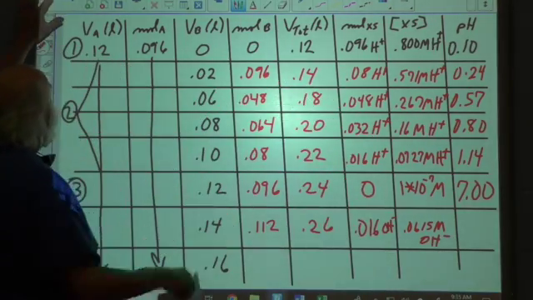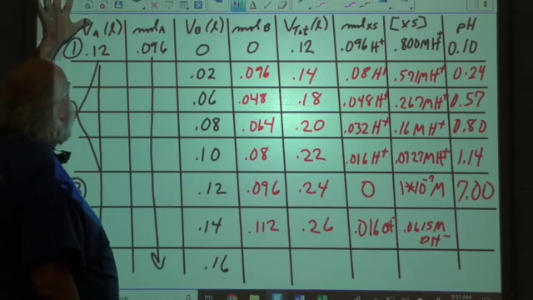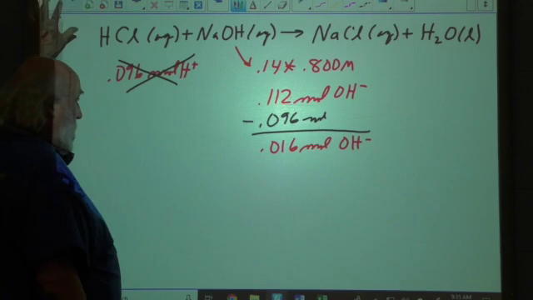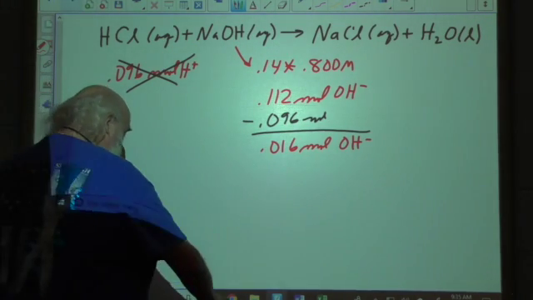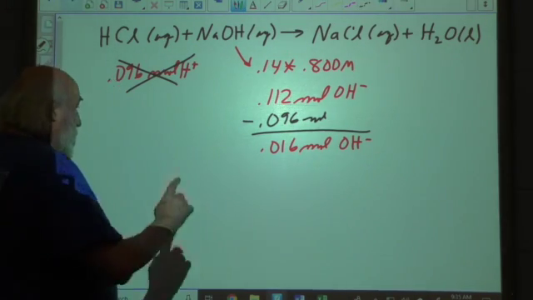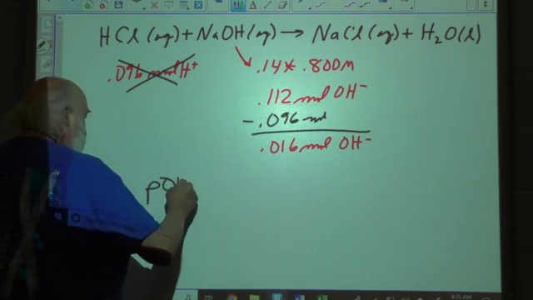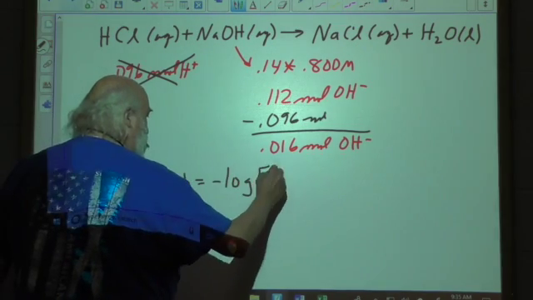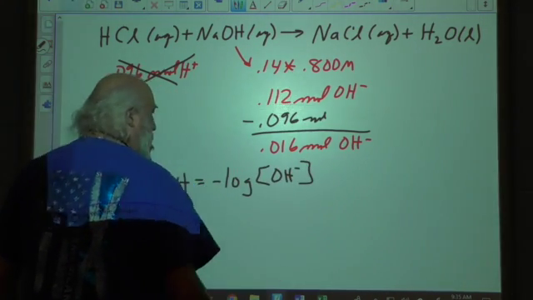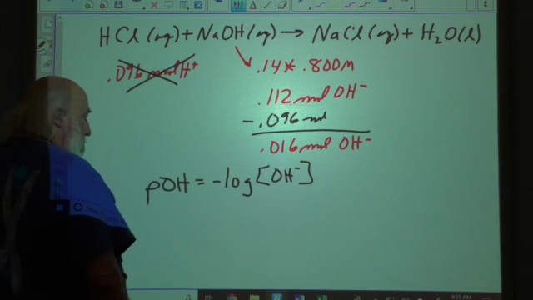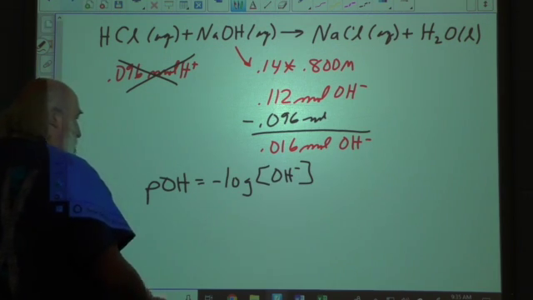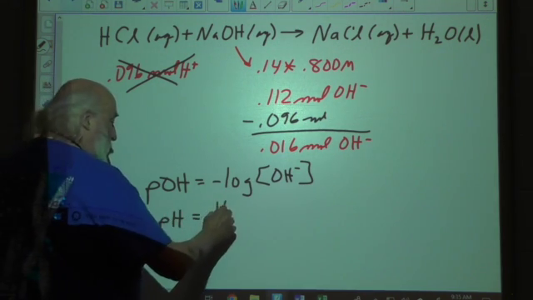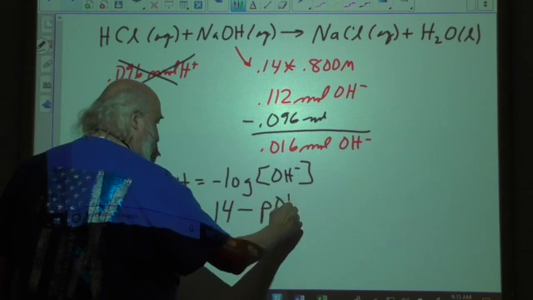Now, before I do the pH for this, I want to show you something here. And this will simplify life for you tremendously when you find pHs. Now, we know that pOH is equal to the negative log of the concentration of hydroxide. Okay? Now, if I want to find the pH, we also know that pH is 14 minus the pOH.